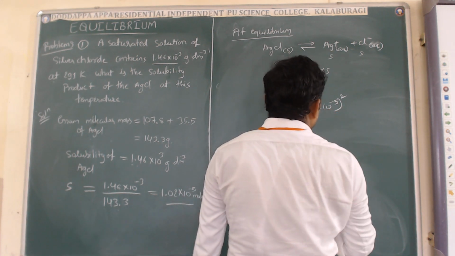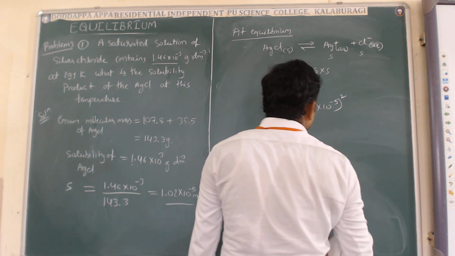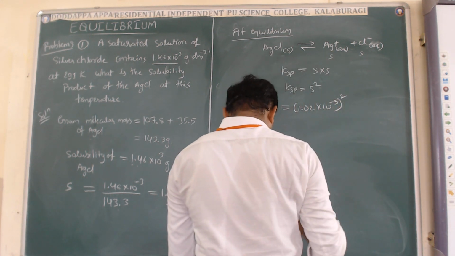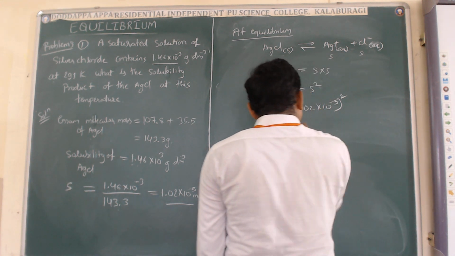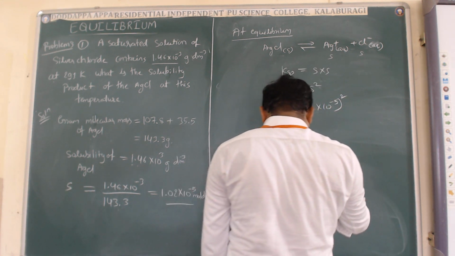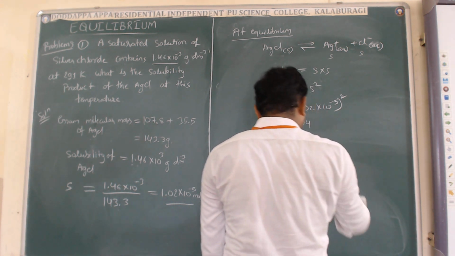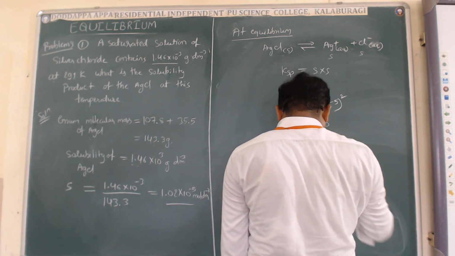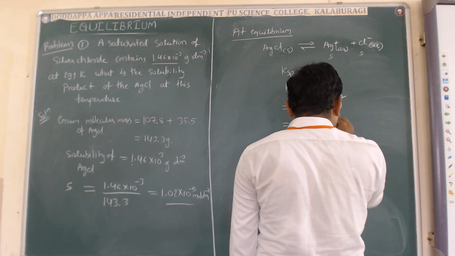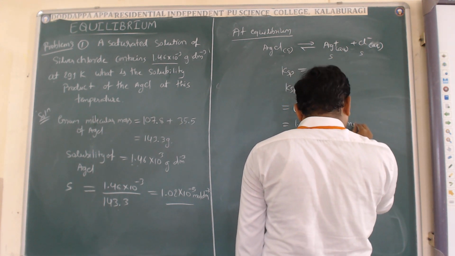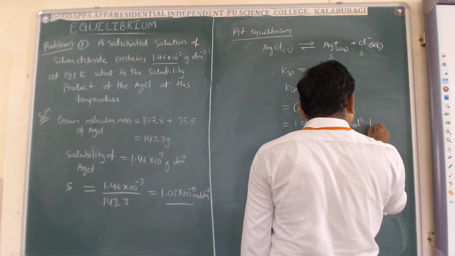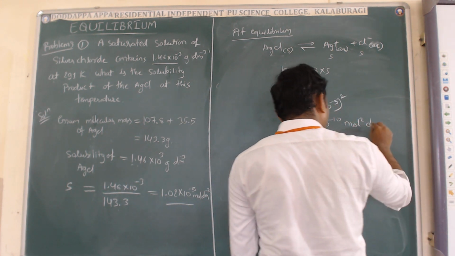What happens here in this one? 1.02 into 10 raised to minus 5. When you square that, you are getting the answer 1.04 into 10 raised to minus 10 mole square dm cube raised to minus 6.